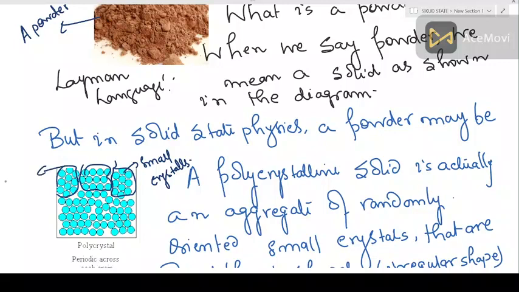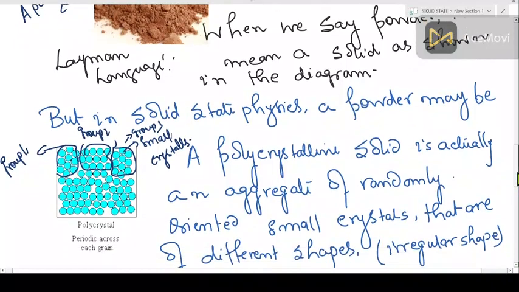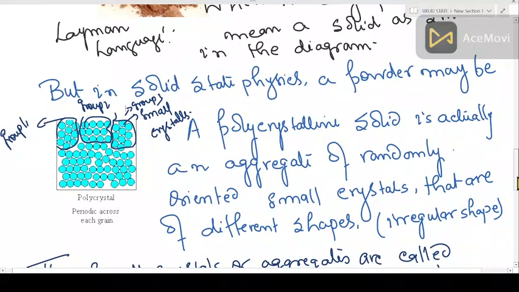So this is group 1, this is group 2, this is group 3. They are arranged in random order, small crystals. And these groups have different shapes. This shape is not the same as this, and this shape is different from this.